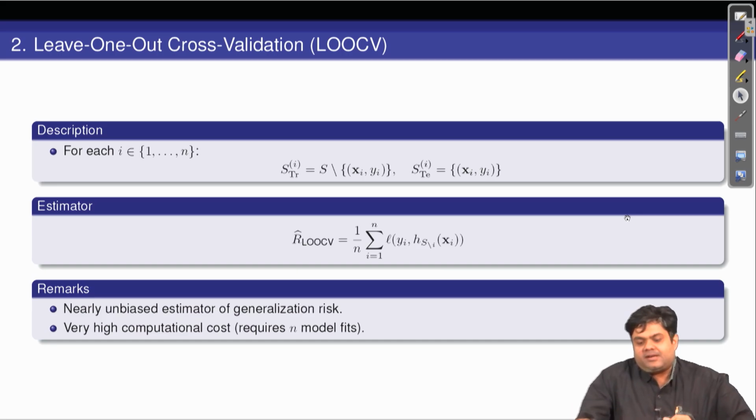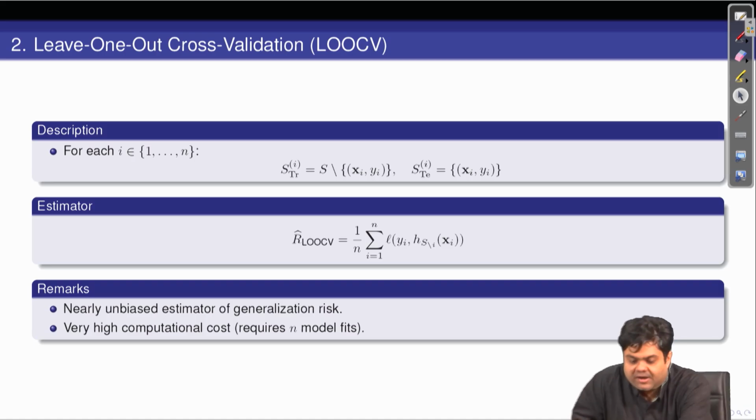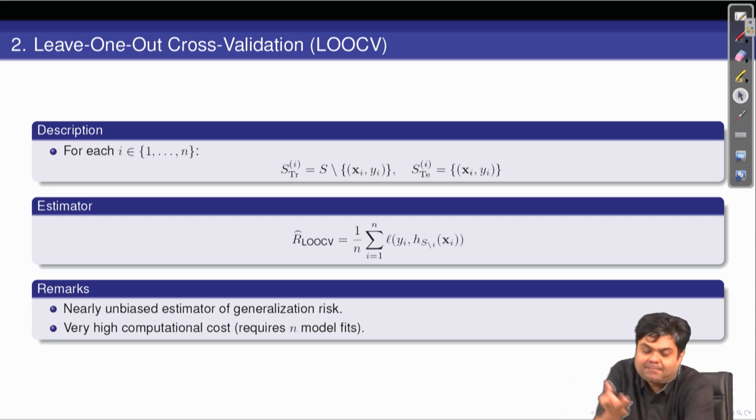So, your ith training set is S minus xi yi, the ith test set is just the single point xi yi, and you are taking this risk function, which is basically your loss function, running from i equal 1 to n. For each sample, for the ith training sample, the test sample is of size 1.